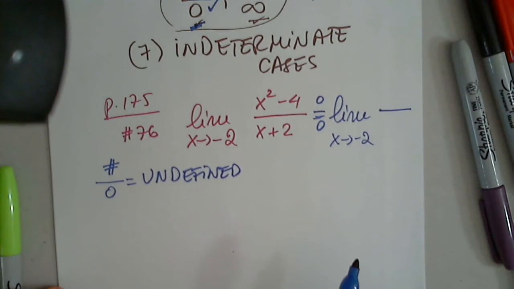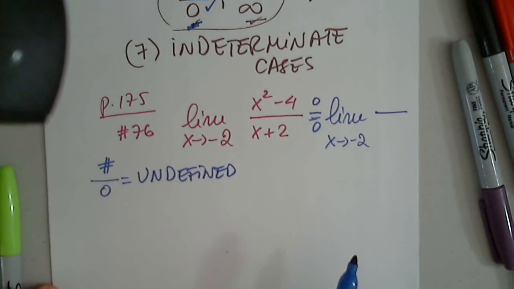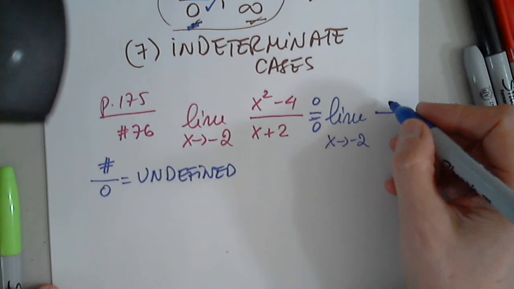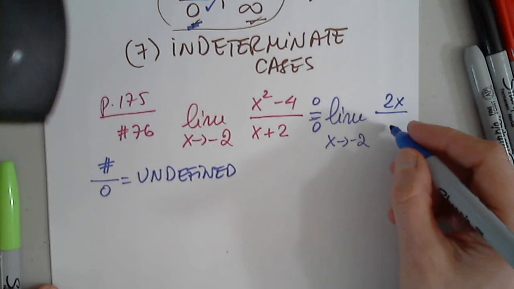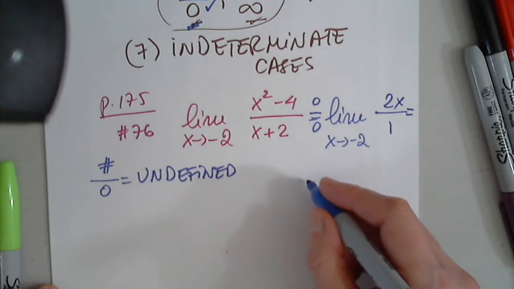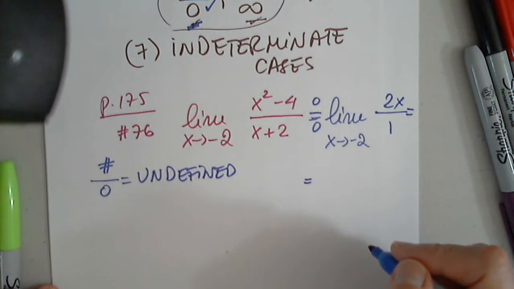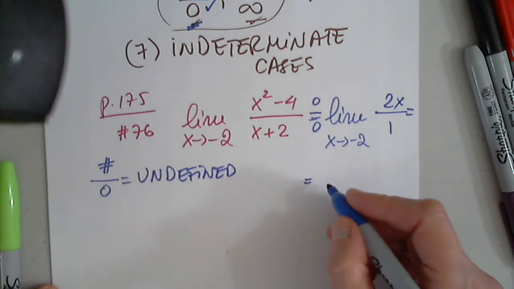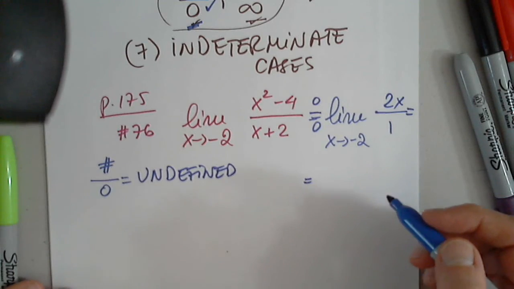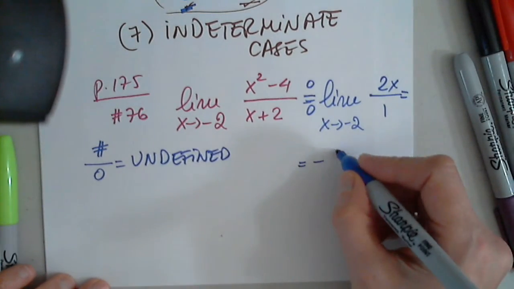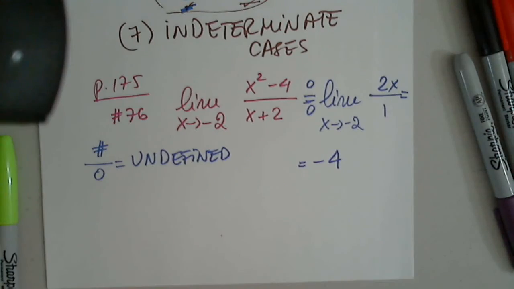Can anyone give us what is the derivative of the top? 2x. Very good. What is the derivative of the denominator? 1. Good. So what is the answer then? 2x. So we got to derivatives and we forgot how to determine limits. -4. Thank you very much. Done.